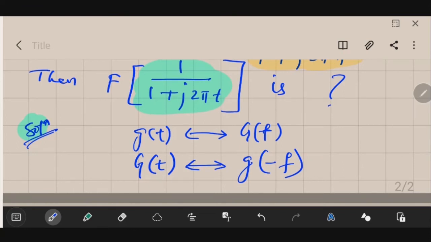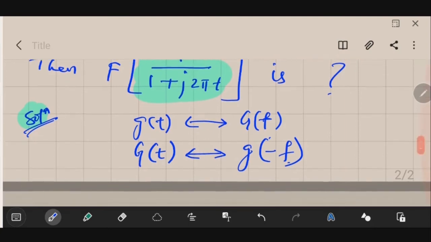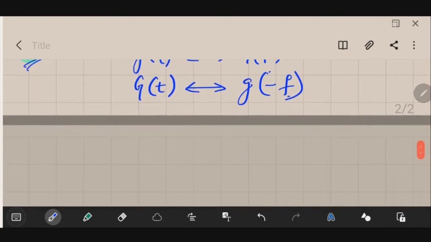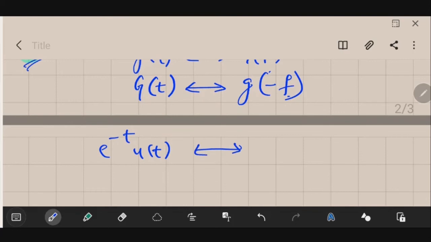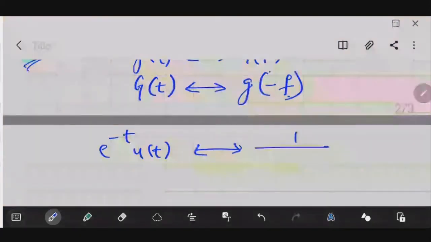So I will just replace whatever t is there with minus f. We know the Fourier transform of e to the minus t u of t, as given in the question, is 1 by 1 plus j 2 pi f.